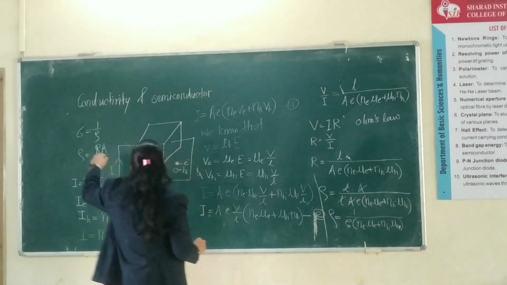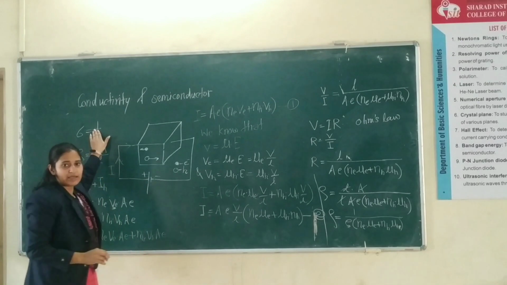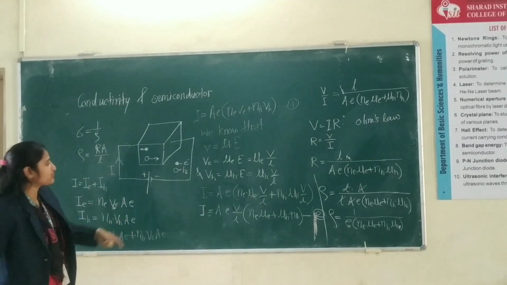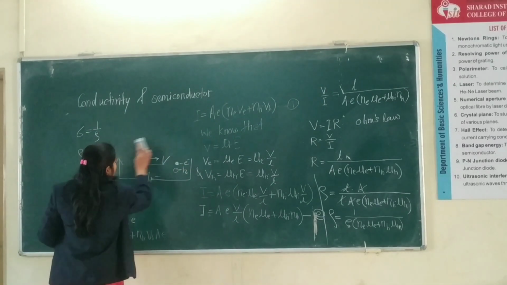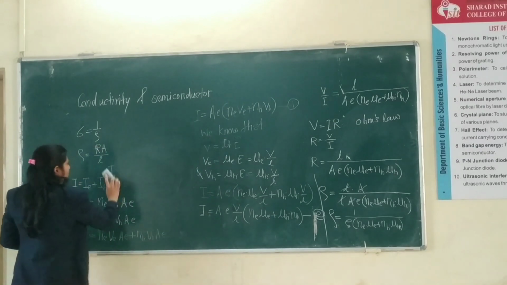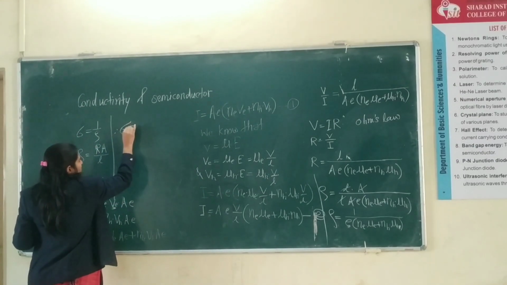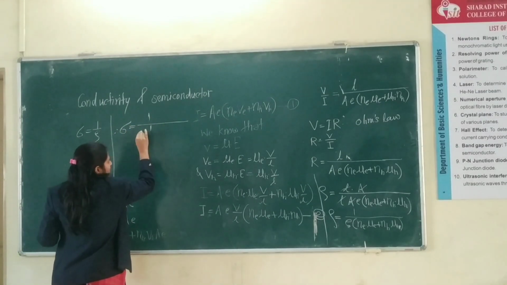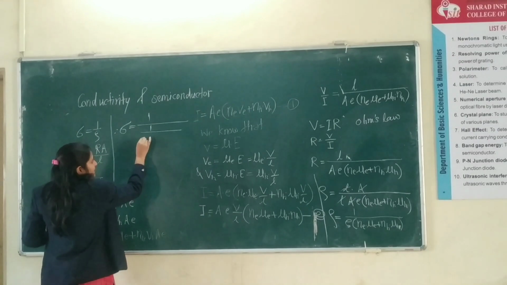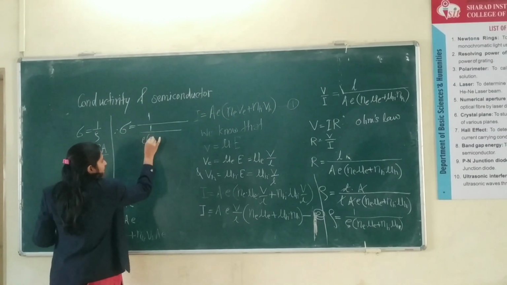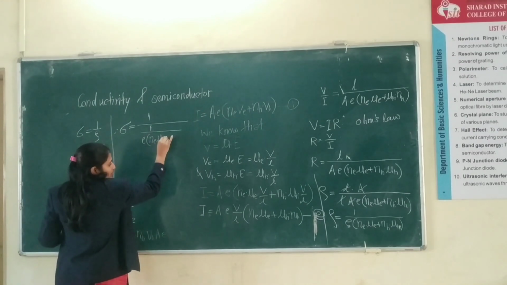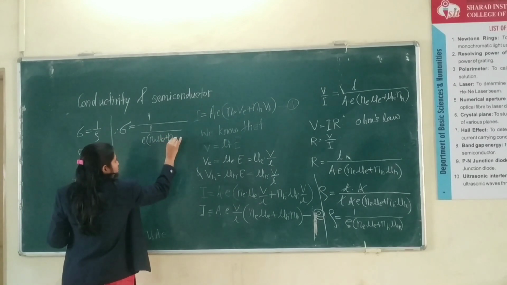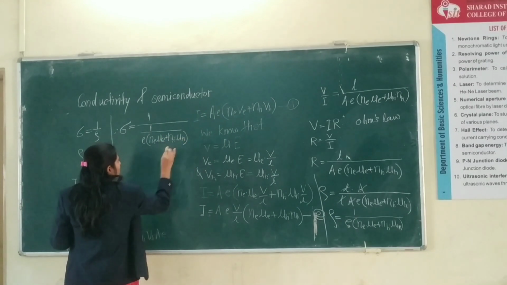So again we know that sigma is equal to 1 by rho. Okay, so putting this value in this equation, we get, therefore sigma is equal to 1 divided by, again reciprocal, it is E in bracket Ne mu E plus NH mu H. Okay.